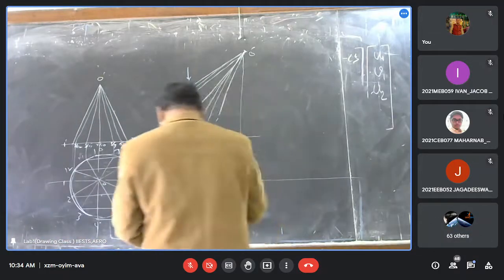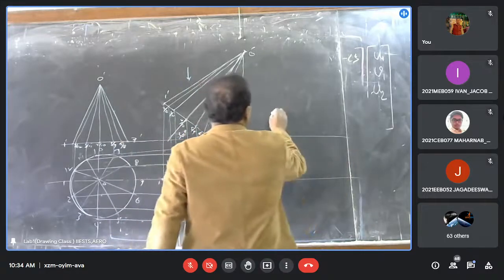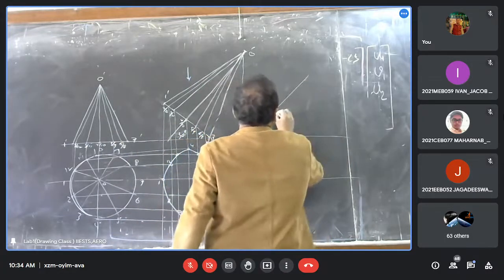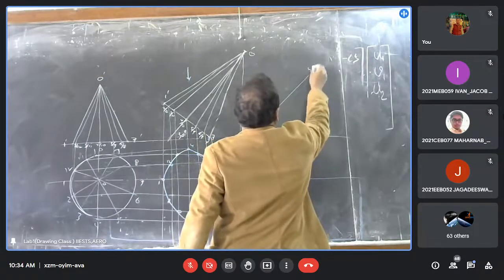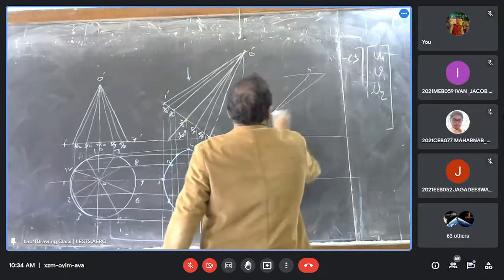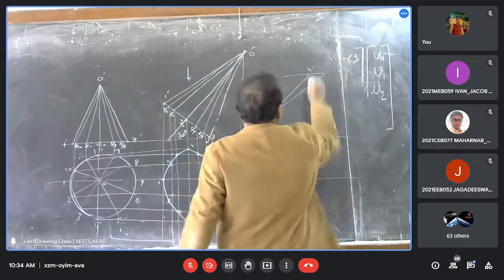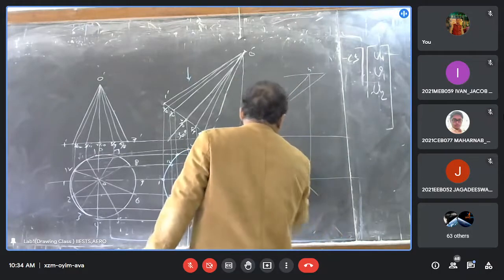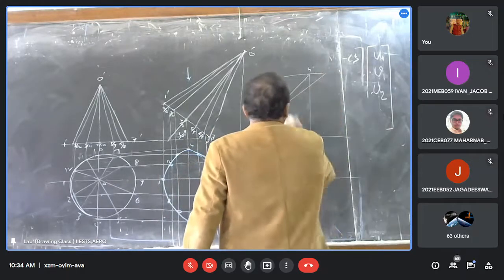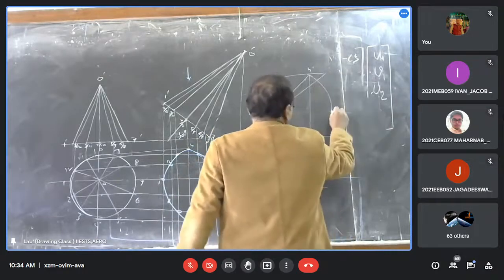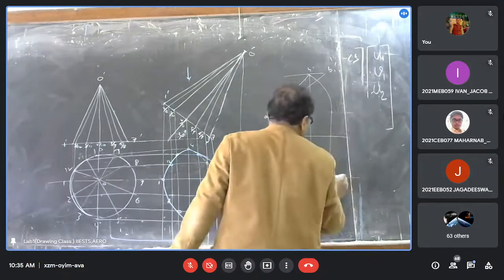Let's take a straight line problem. This one, A dash B dash, A B, and this is B1 dash and A B1.